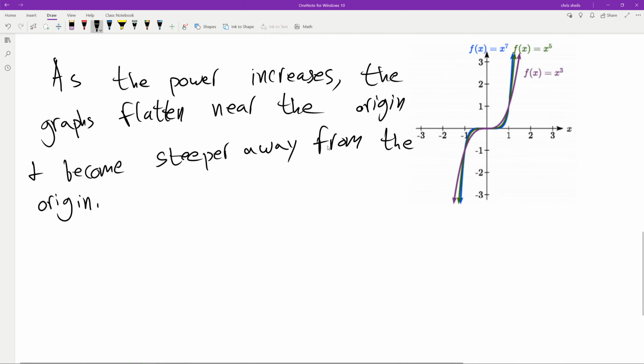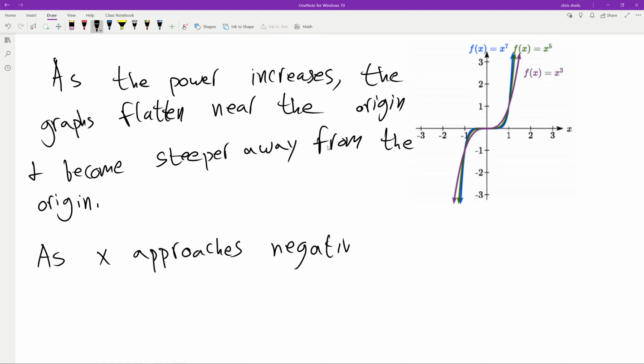For these odd power functions, as x approaches negative infinity, in other words, as we're going to the far left of this graph, f of x approaches negative infinity. In other words, as I go to the far left, the graphs are going down.